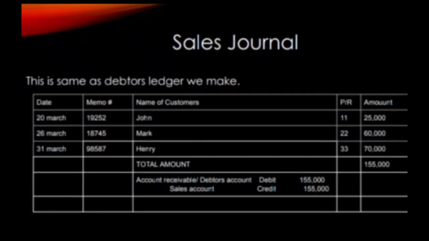Then on 26th March, the company sold goods to Mark for 60,000. And on 31st March, Mr. Henry is sold goods of 70,000. Now the total amount shall be 155,000, and the company shall pass the entry by the total amount: accounts receivable or debtor's account debited by 155,000, and sales account credited by 155,000.